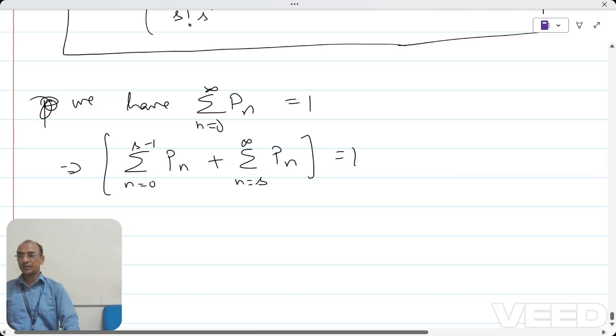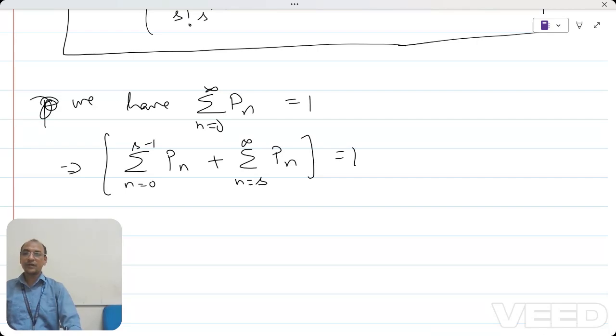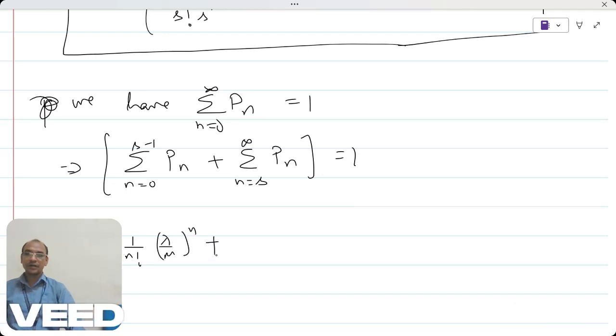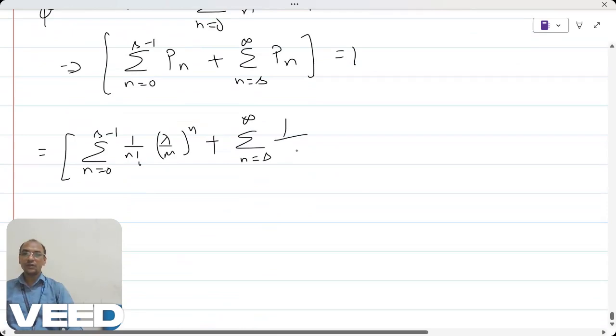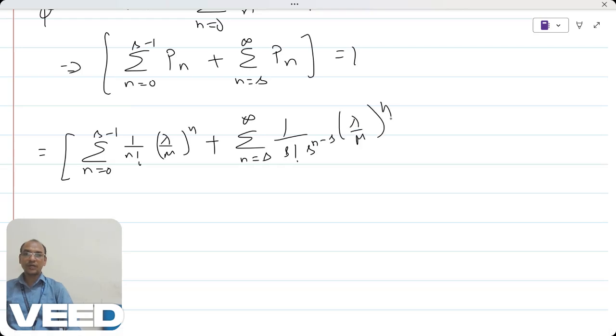If you put them in and simplify, this is equivalent to saying summation n equal to 0 to s minus 1, where Pn will be nothing but 1 by n factorial (lambda by mu) to the power n, and then summation n equal to s to infinity, where Pn is nothing but 1 by s factorial, s to the power n minus s, (lambda by mu) to the power n, and common is P0, that is equal to 1.